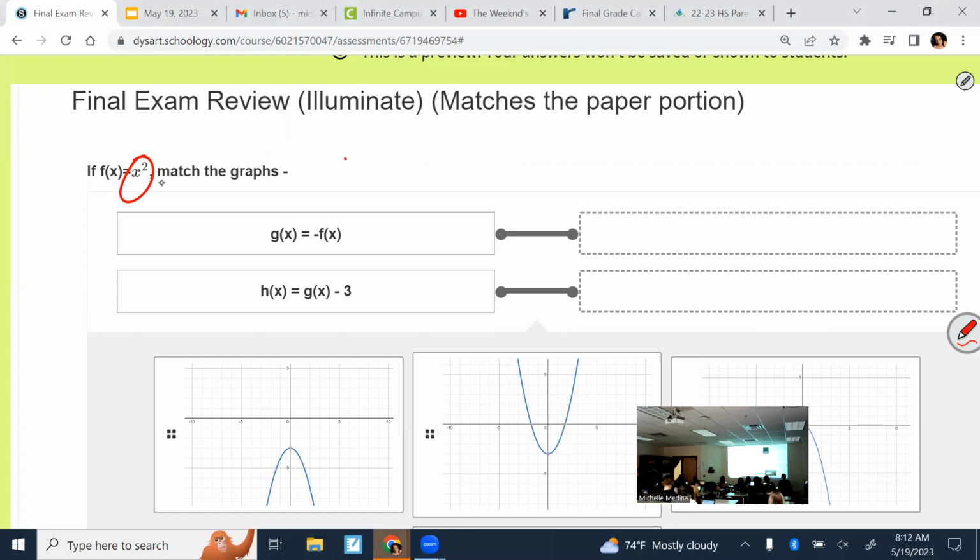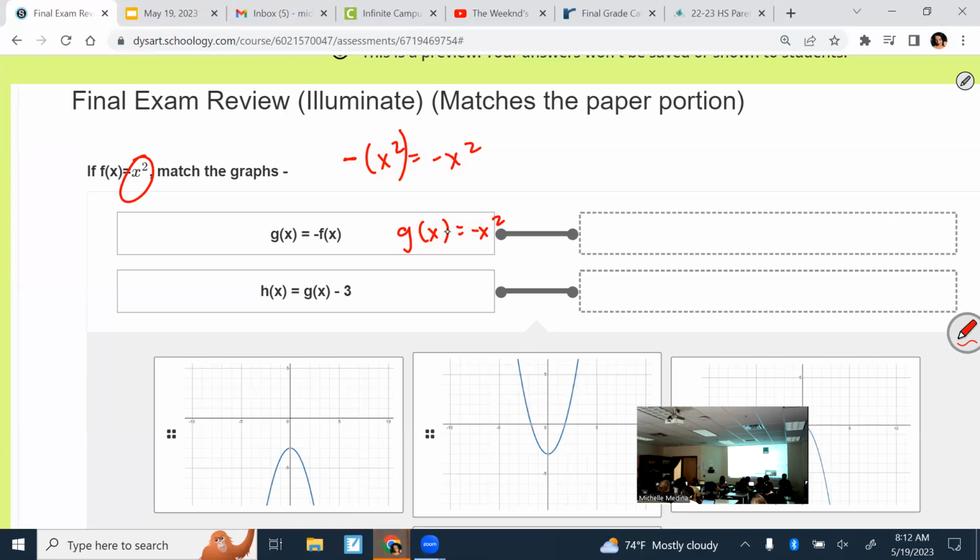So we're gonna do negative times x squared, which becomes what? Don't overthink it. Negative x squared. So g of x is the equivalent to negative x squared, because f of x is x squared, and we're just making it negative. Does that make sense?